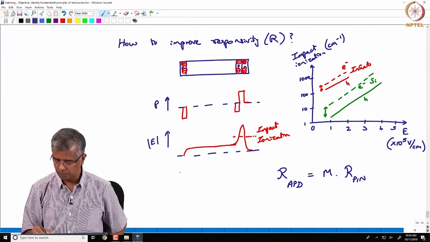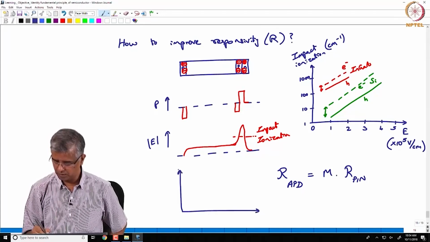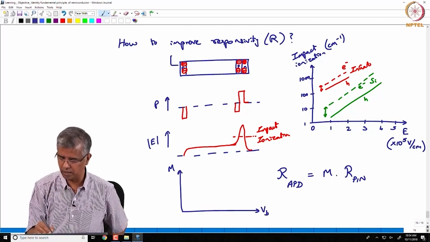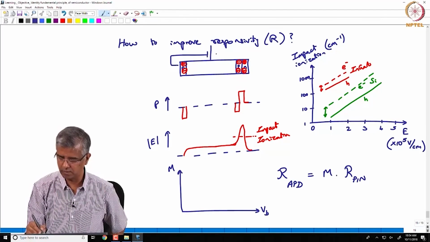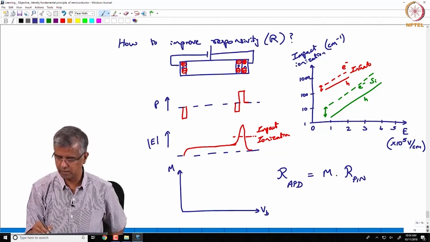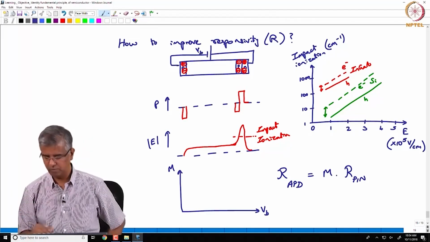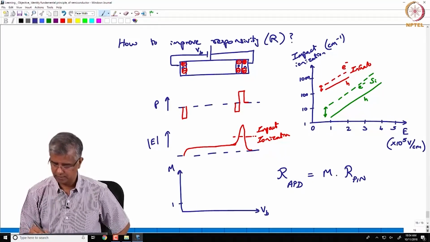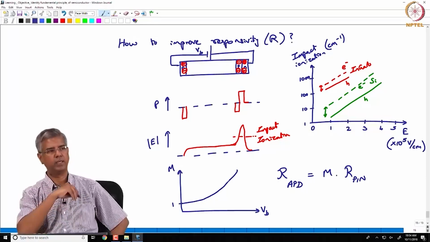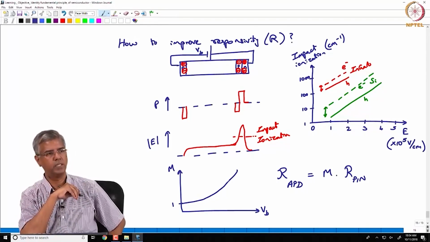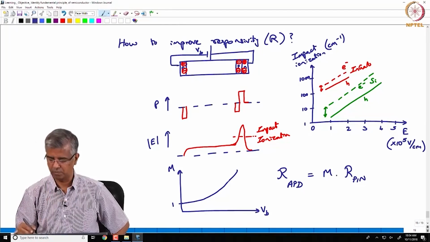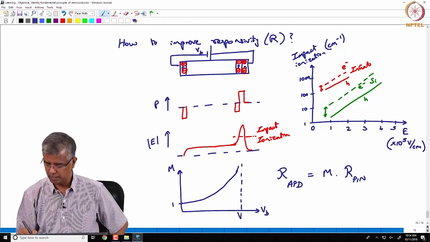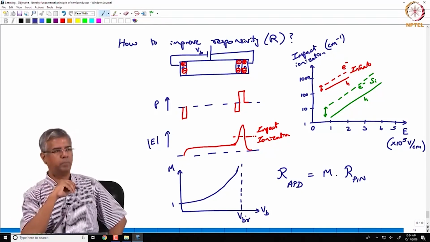And if you plot m as a function of that external bias, now you still are giving an external bias like this, Vb. If you plot m as a function of Vb, m equals 1 over here, and it sort of increases exponentially as you go to higher Vb, and it will be limited by your breakdown voltage.